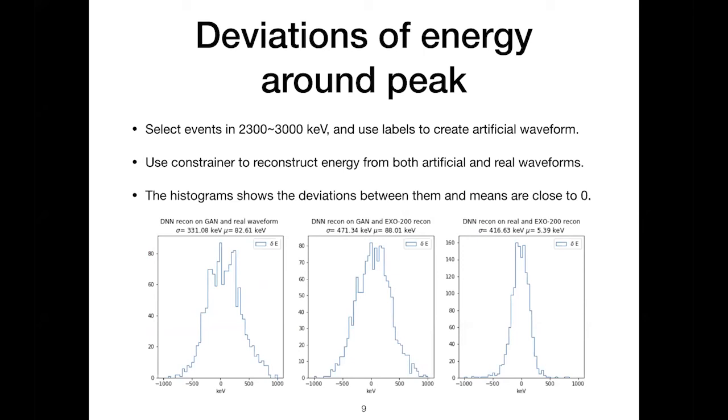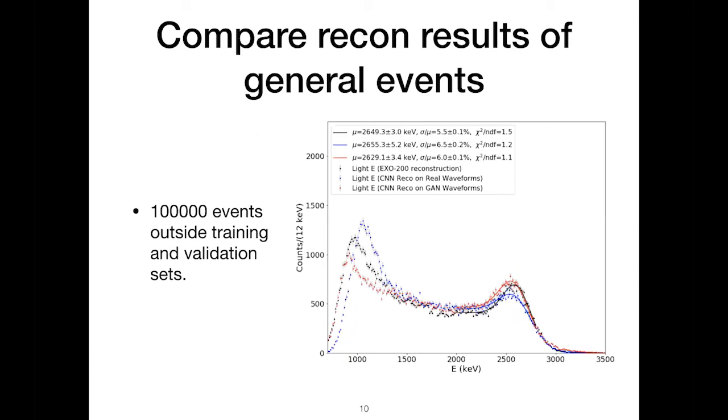So that's the thing we would like to improve in the future. Now here's an example using more general events from outside of the training set and the validation sets, and also calculating the resolutions at the peaks.